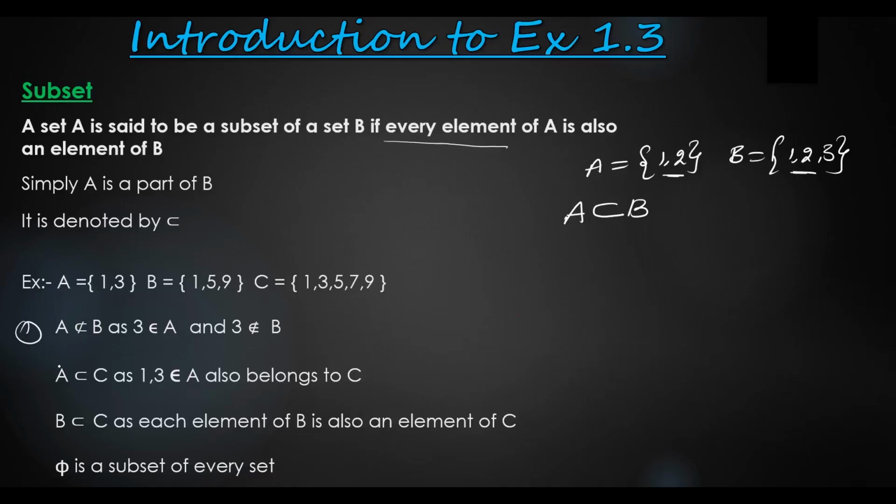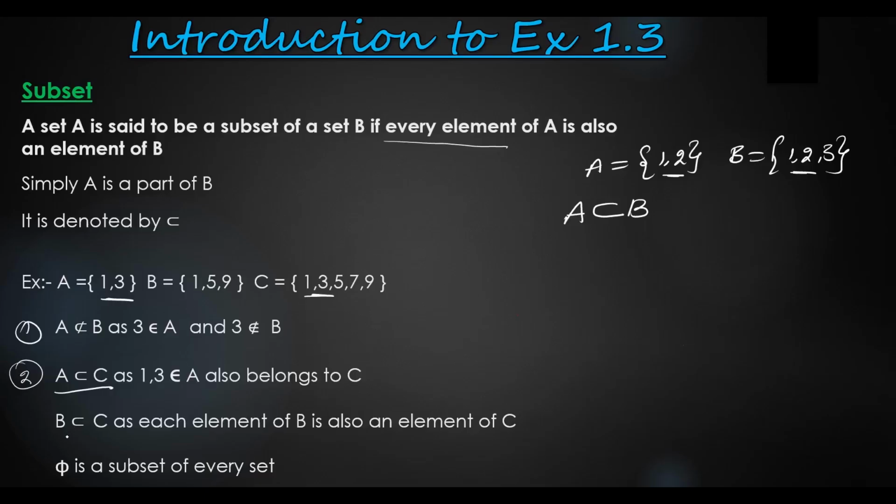If you observe the second one, A is a subset of C, as 1, 3 belongs to A and also belongs to C. A has the elements 1, 3 and the set C also has the elements 1, 3.